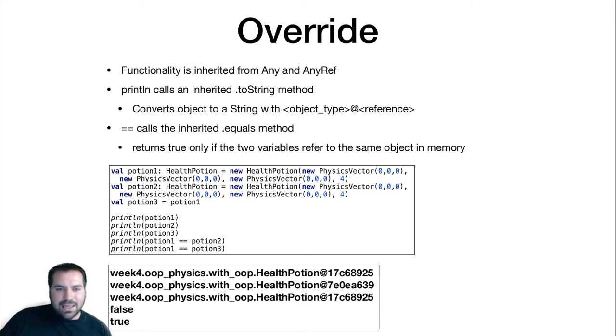It's not exactly the reference, but for our purposes, we can think of that as its reference of where it can be found in memory. If you've printed out your own objects to the screen before in your testing, you've seen something like this: the fully qualified name, which is the package and the class name, and then an @ symbol, and then some random characters at the end.